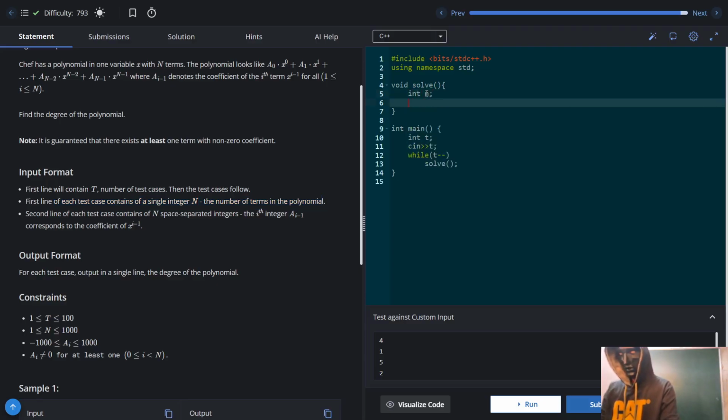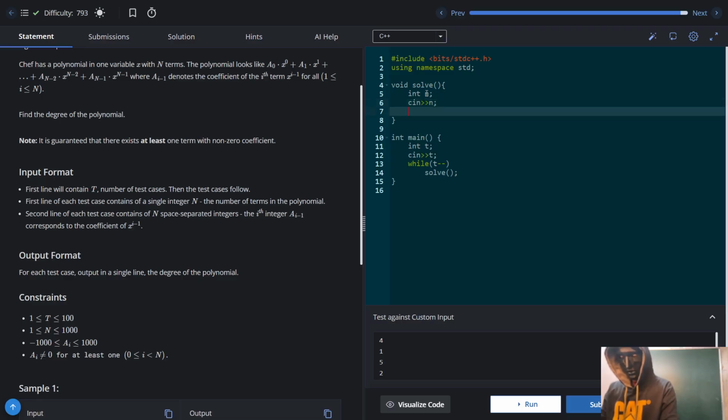The second line of each test case contains n space separated integers, the ith integer a(i-1) corresponding to the coefficient of x to the power i minus 1. I'll be telling you, don't worry.